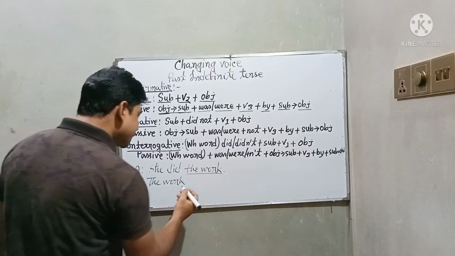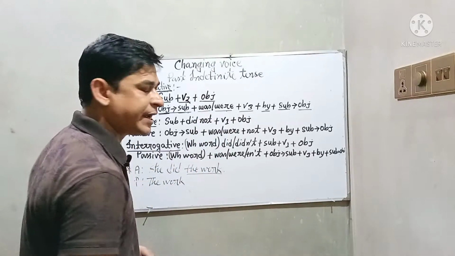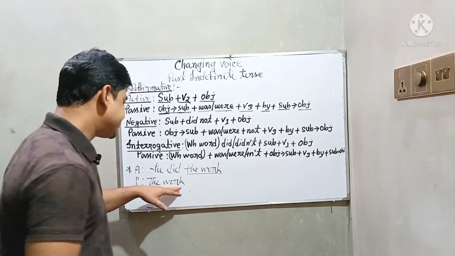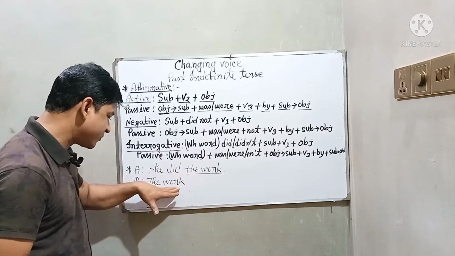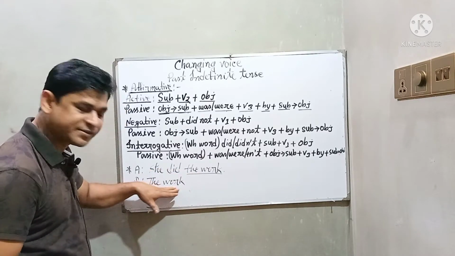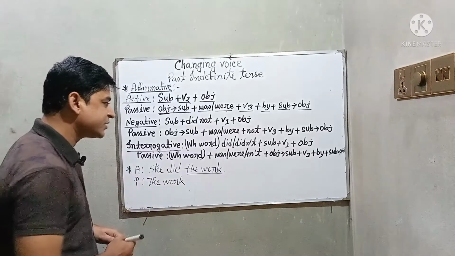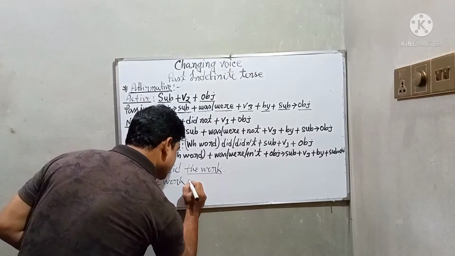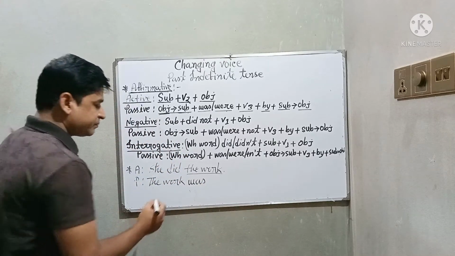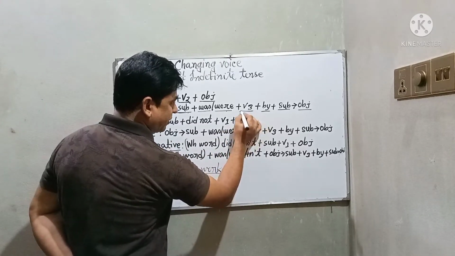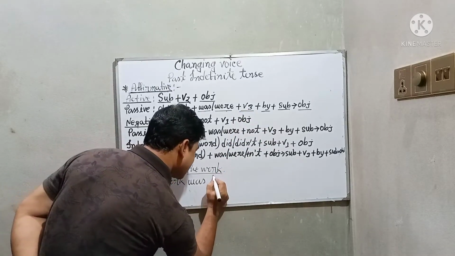Then you have to use was or were according to the number and person of the changed subject. That means after changing we have got this subject, and this subject is third person singular number, and that's why we are going to use was. Then the past participle of the verb. Make it past participle.